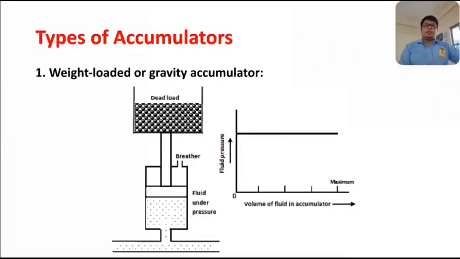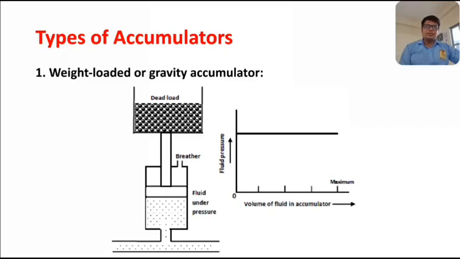So there are many types of accumulators, and we will understand the basic types, starting with the first one, that is the weight loaded accumulator. It is also known as a gravity accumulator. You can see from the figure, it is a vertically mounted cylinder with a large weight on the top of the cylinder, the dead load given at the top of the figure.